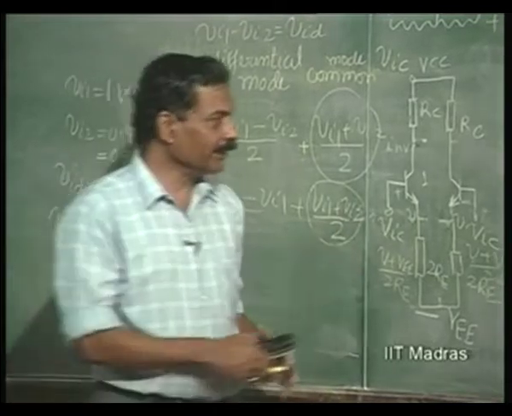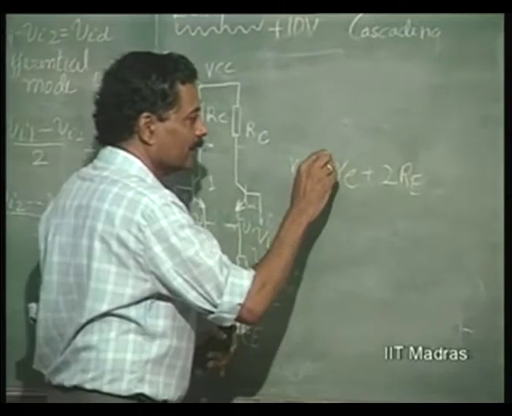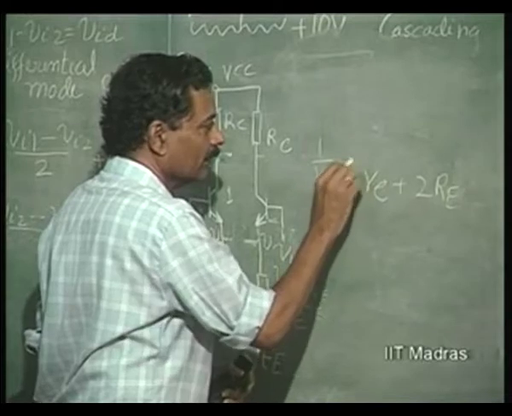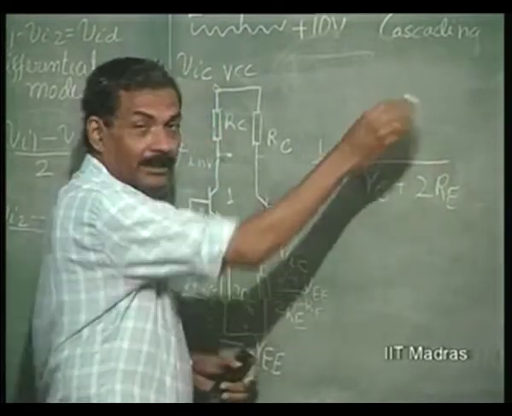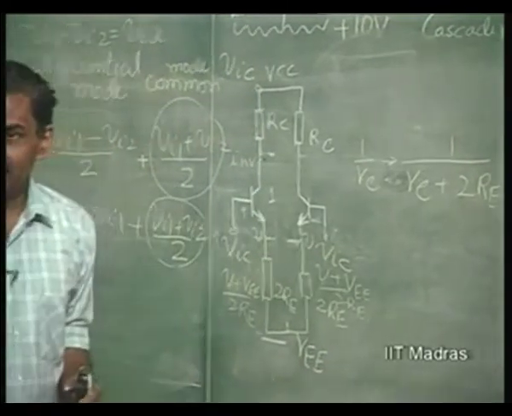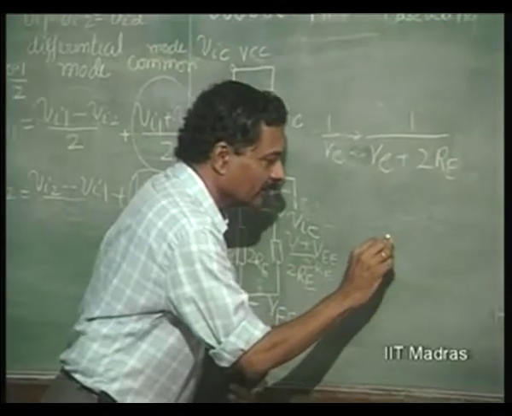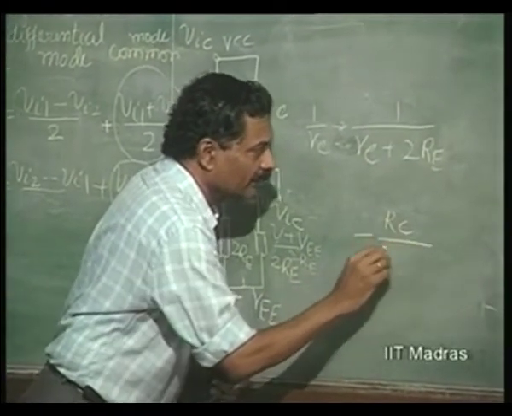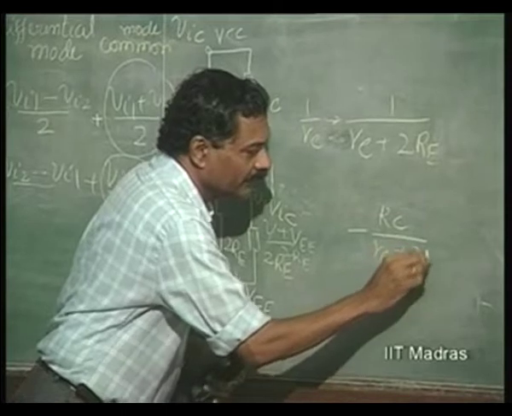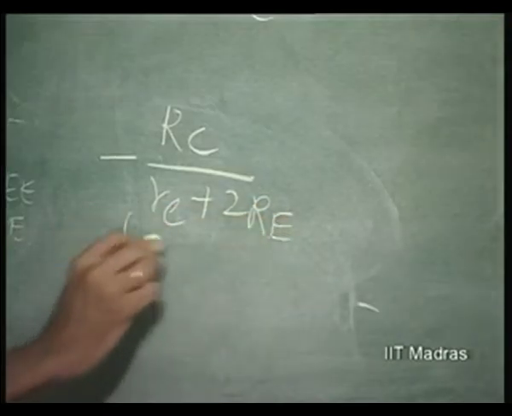What will be the gain? GM into RC. So, RC divided by RE plus 2 RE is the gain.